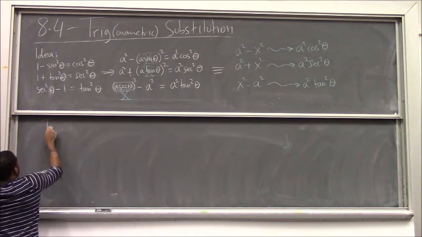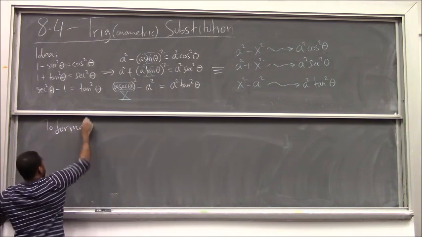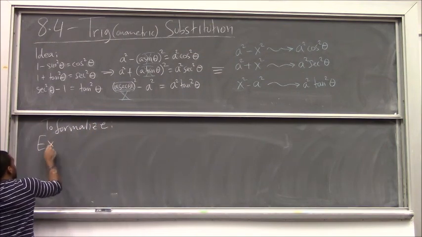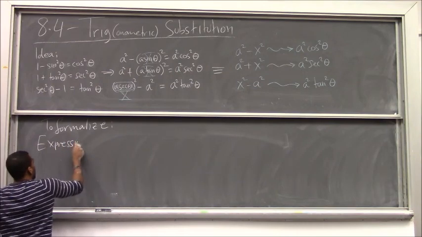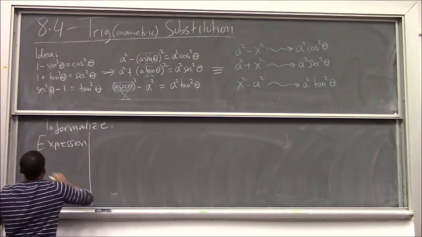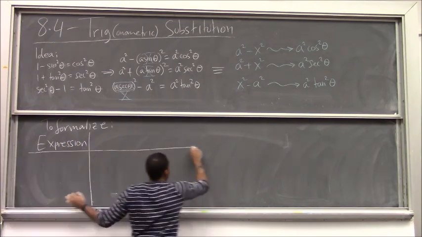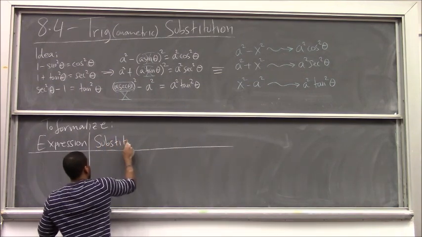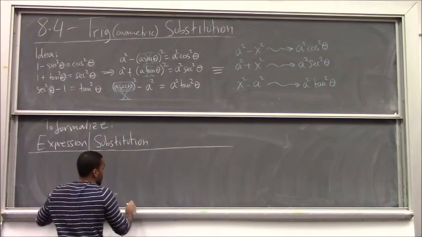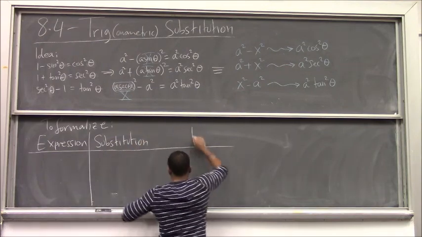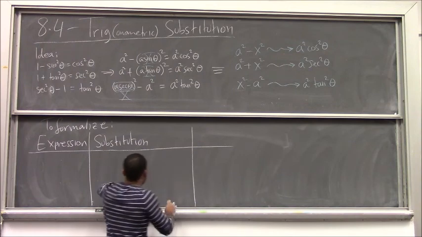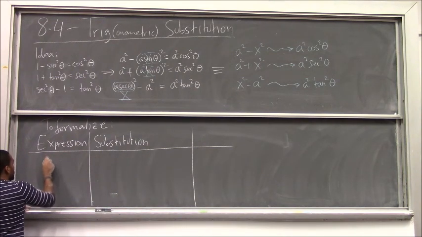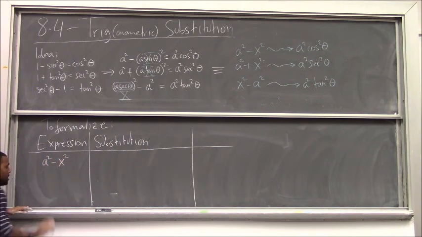So, to formalize. There are going to be times where you're seeing a certain expression, and you are going to want to make a certain kind of substitution that turns this expression into something more convenient. For example, there are times when you're going to see things like a squared minus x squared.